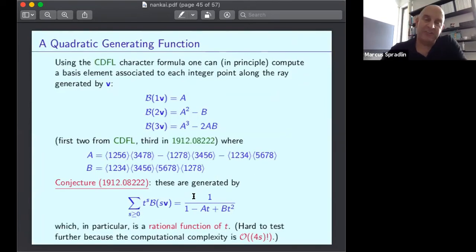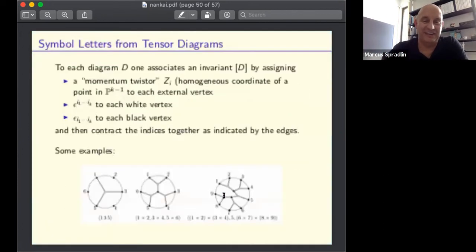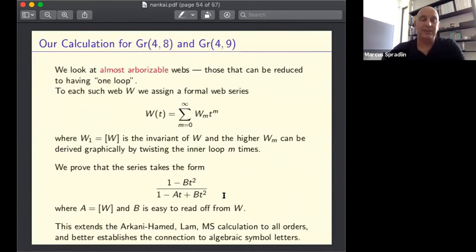Now, these two power series, this one here and the one with 1 minus bt squared in the numerator, are very closely related. It's like the difference between a Chebyshev T and U polynomial. But the crucial point is that we're able to prove this to all orders.